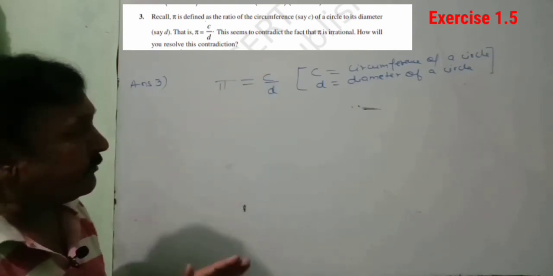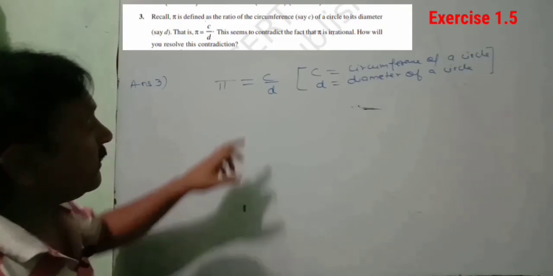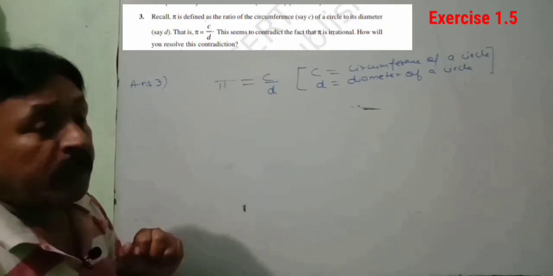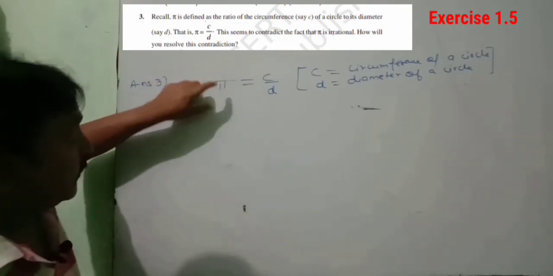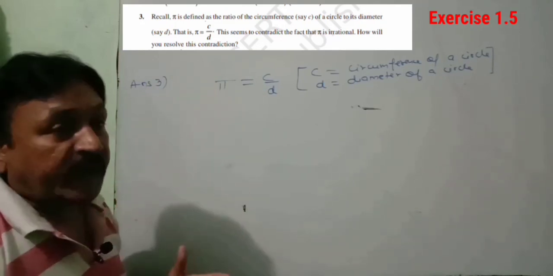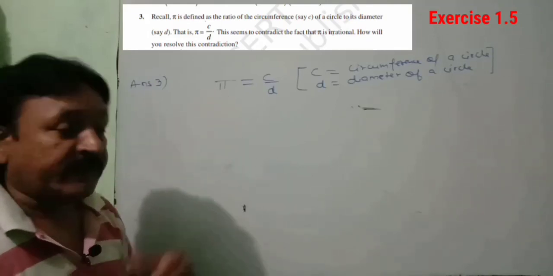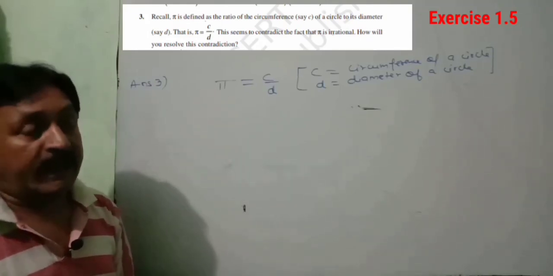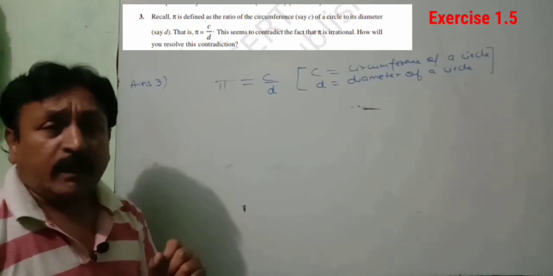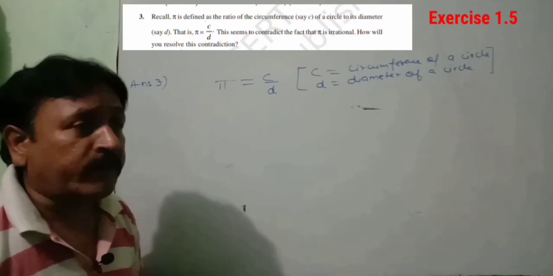It means if we look at it, then it is looking in the form p upon q. It means it must be a rational number. Okay. But we know that pi is irrational, and the same thing the question is saying, that this is a contradiction. Okay, if these two opposite things are coming to mind, then how will you resolve it?